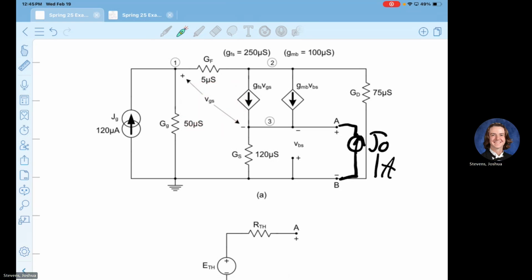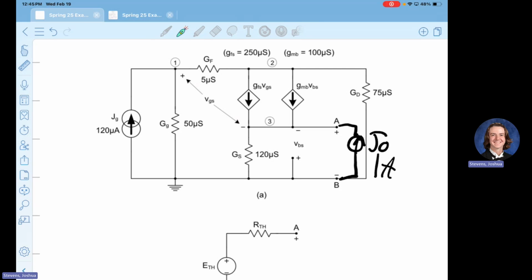What is it? This actually stumped me on my test, but after looking at it in hindsight, it's easy. VGS in terms of nodal voltages, it is touching. I'm just trying to find this in terms of nodal voltages.